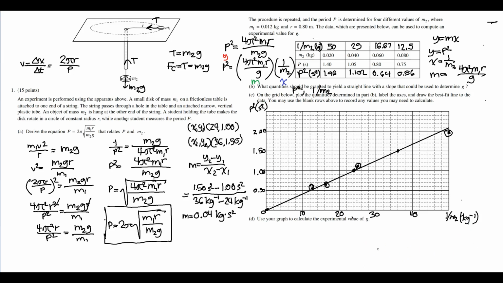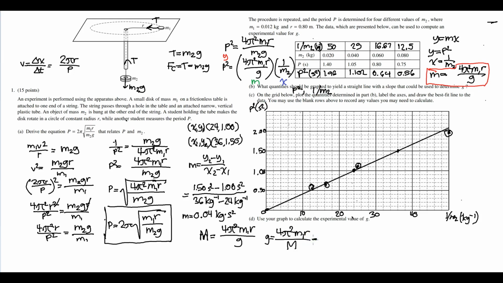If you want to find G, you use our expression over here. m equals 4 pi squared m1r over G. So if you multiply both sides by G and then divide by the slope, we use capital M for slope, just to avoid confusion with the m1, we have G equals 4 pi squared m1r over our slope.